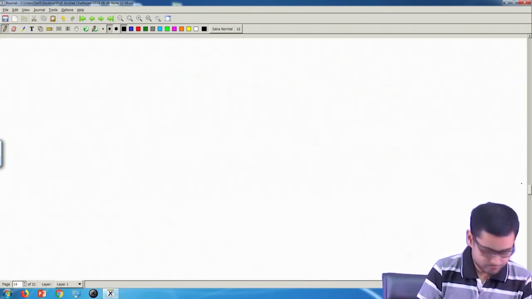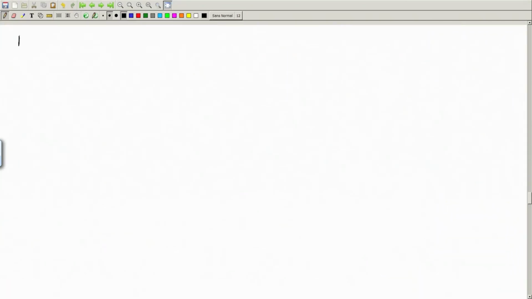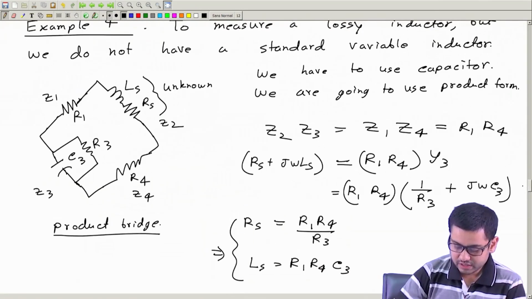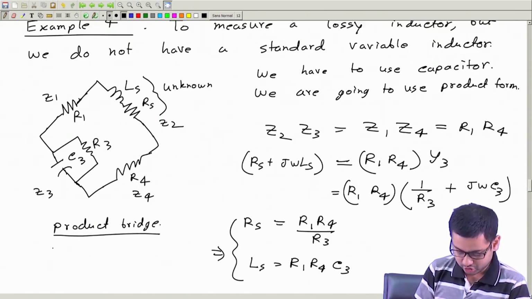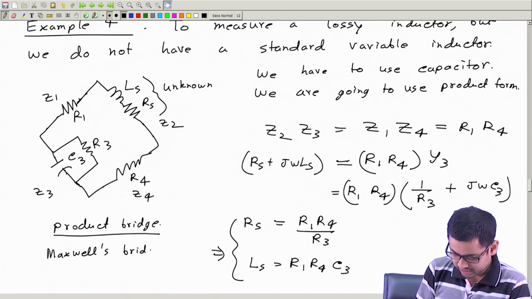So, example 5. By the way, just for your information, this particular bridge is called Maxwell's bridge. Once again, this is just for your information.